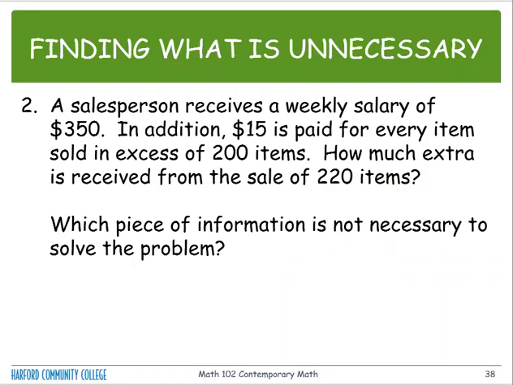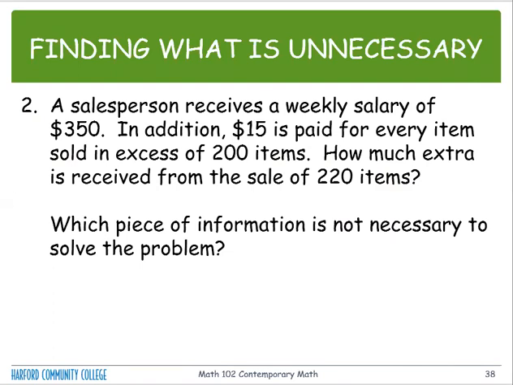The second example, a salesperson received a weekly salary of $350. In addition, $15 is paid for every item sold in excess of 200 items. How much extra is received from the sale of 220 items?